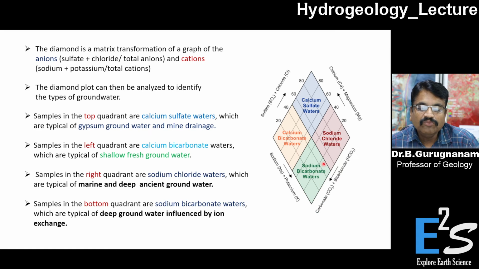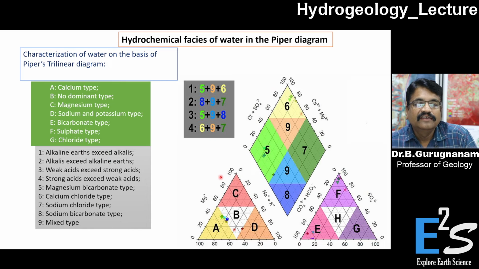Samples in the bottom quadrant are sodium bicarbonate waters, which are typical of deep groundwater influenced by ion exchange. So this is how the diamond diagram is generally classified, and in detail we can go deeper to interpret a little more.